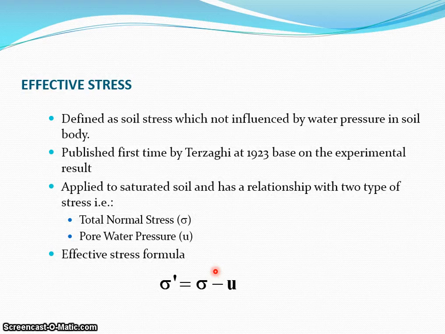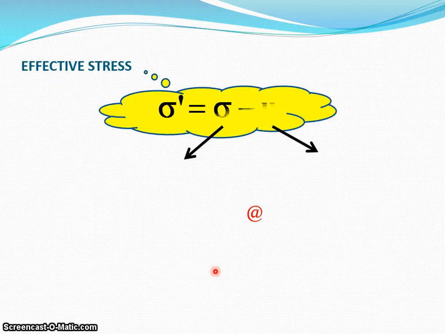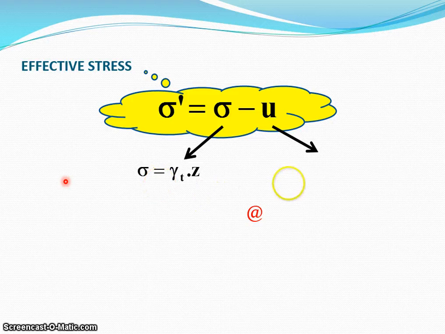Effective stress is really important because we can observe the real strength of the soil only, not including any water that is usually absorbed together with the soil. So effective stress, sigma prime, is the total stress, which comes from gamma, either gamma bulk, gamma saturated, or gamma dry, minus the pore water pressure.